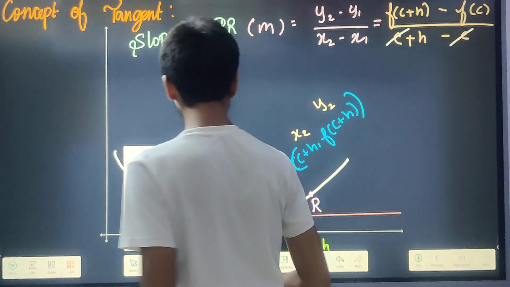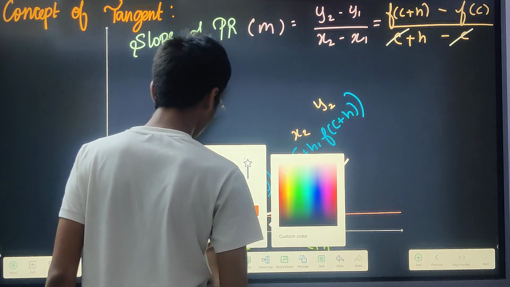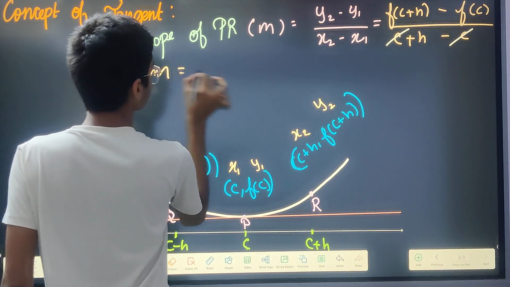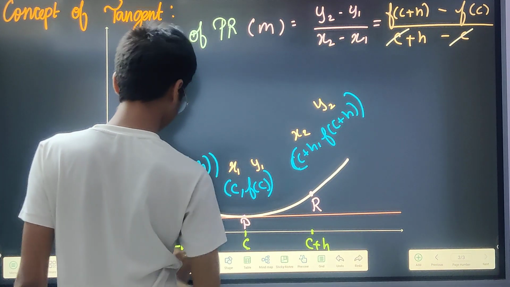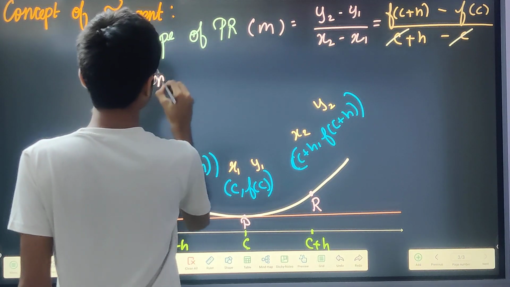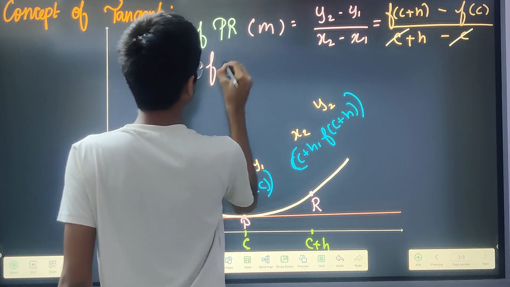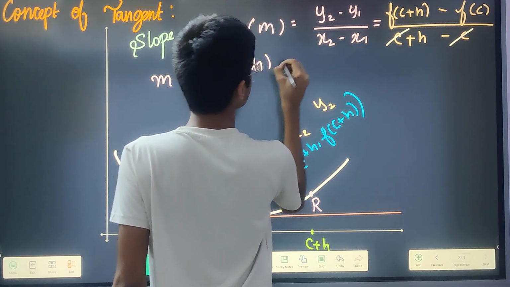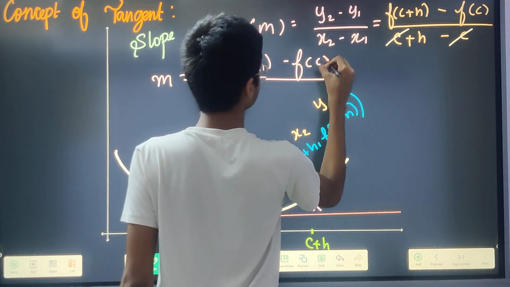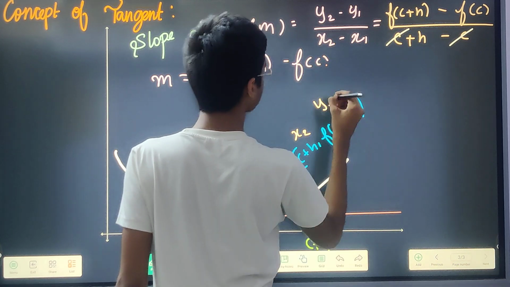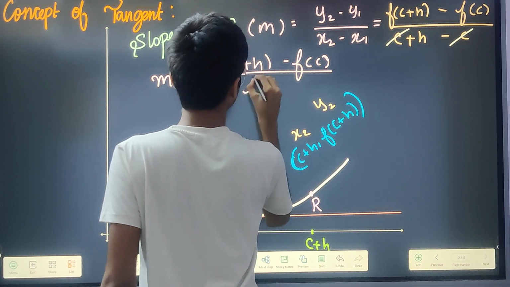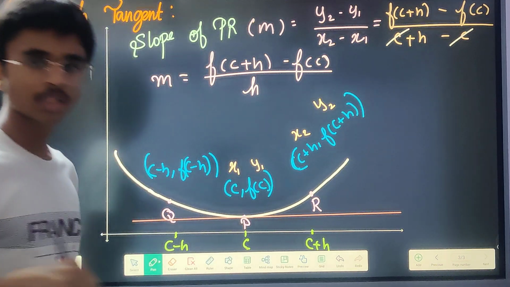So at last I'll get the last mighty equation: m is equal to f of c plus h minus f of c, whole divided by h.